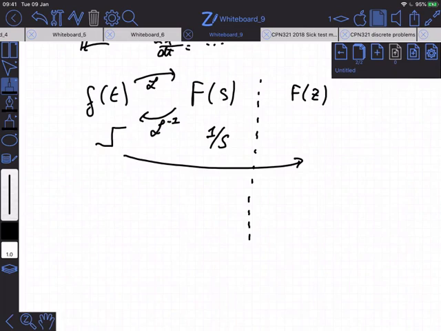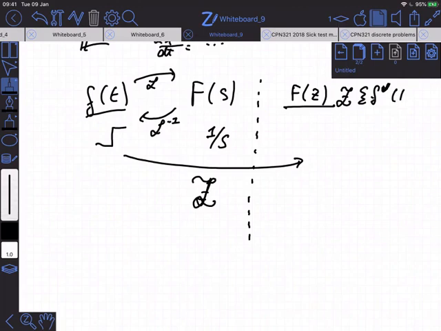Now, you would like to say, I understand the symmetry. The urge to symmetry is very strong, but I want you to understand that this is not true. You would want to say that that F of z is what you get when you z transform f of t. And this is wrong. This is not what is in that table. What is in that table is the z transform of f star of t.